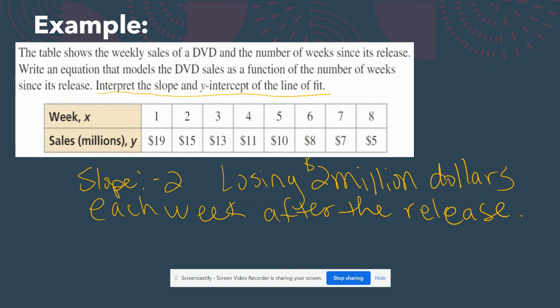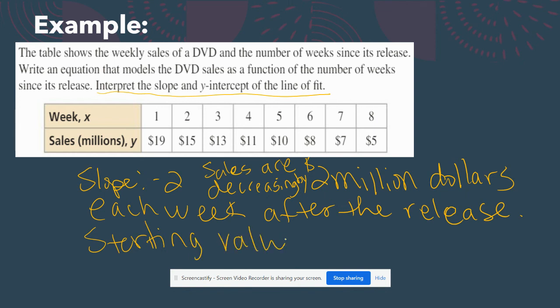So maybe it's not necessarily losing, but decreasing. I like that better. Let's take decreasing. Sales are decreasing by $2 million each week after release. The starting value was $20 million.